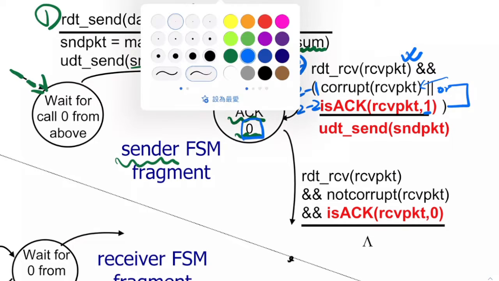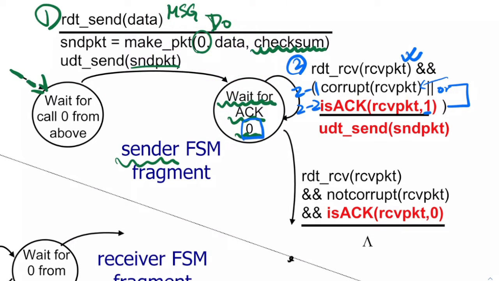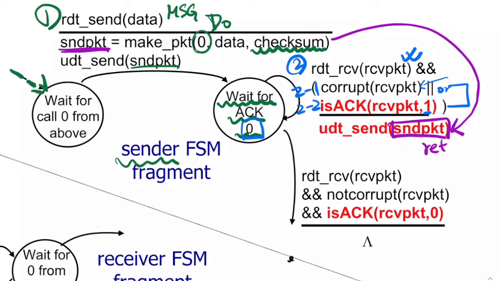So at this moment, as a sender, we simply retransmit the previous packet, which is data 0.